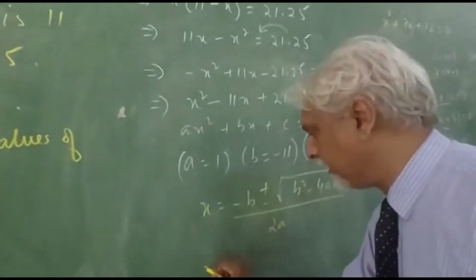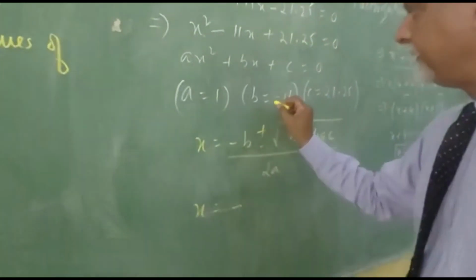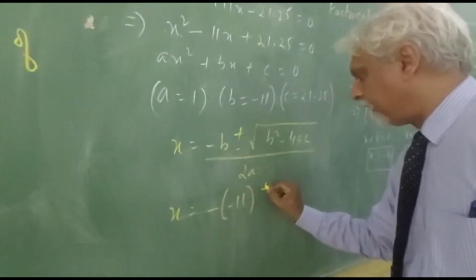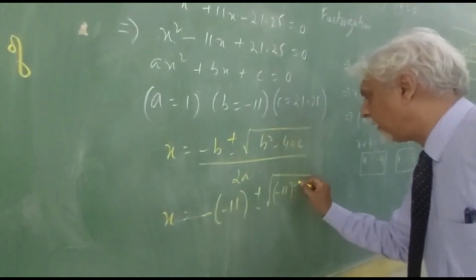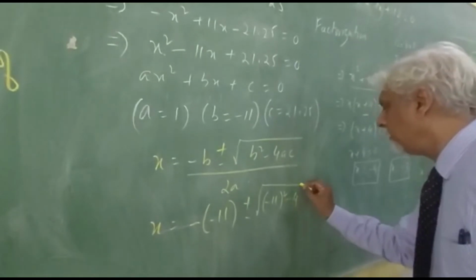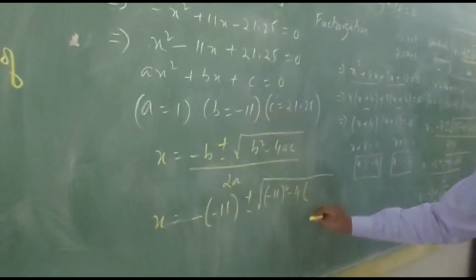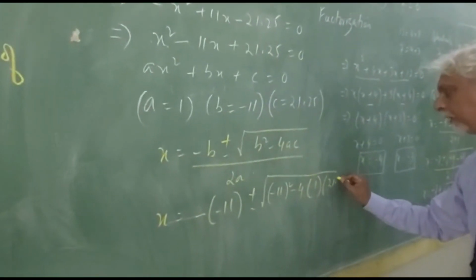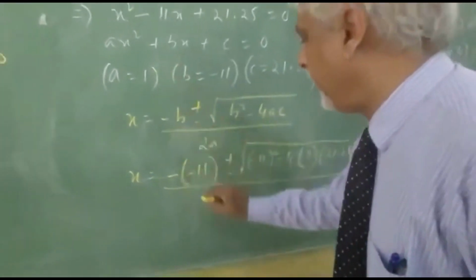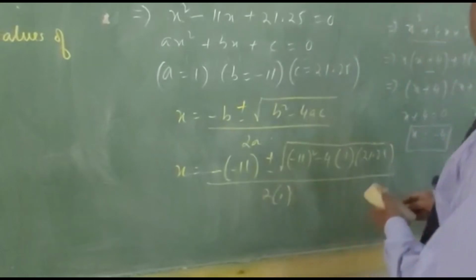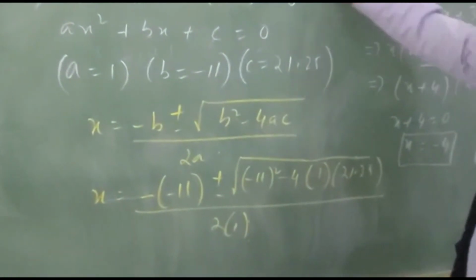And we'll substitute the values of a, b and c. Minus b is minus of minus 11, plus minus the square root of minus 11 the whole squared minus 4ac. a is 1 and c is 21.25, upon 2 into a, and a is 1.